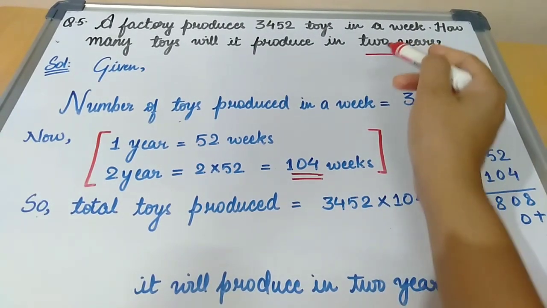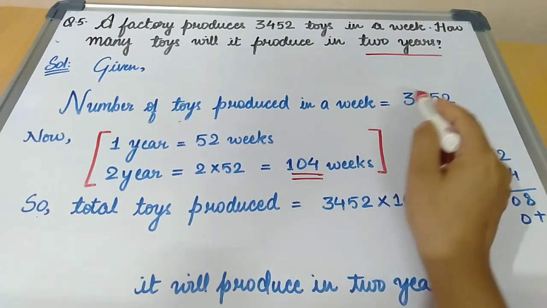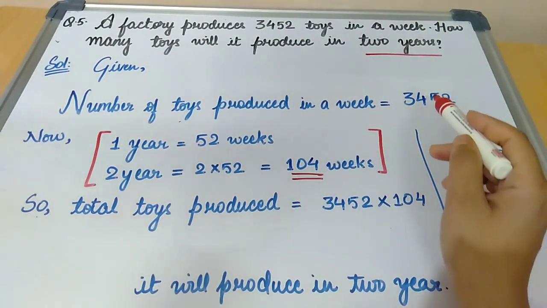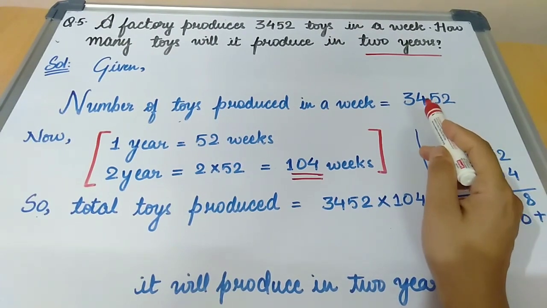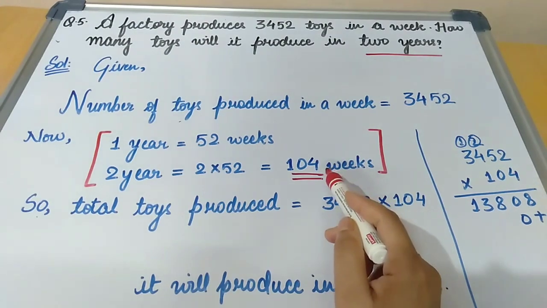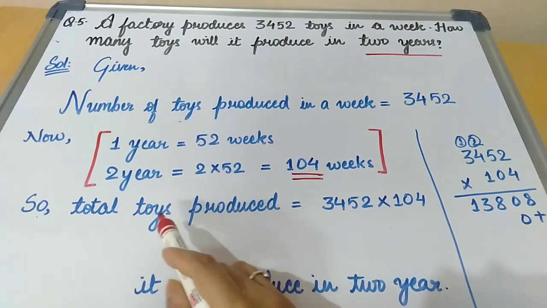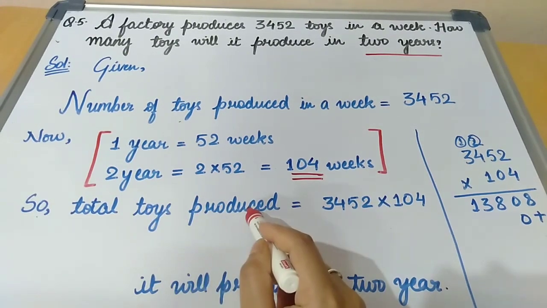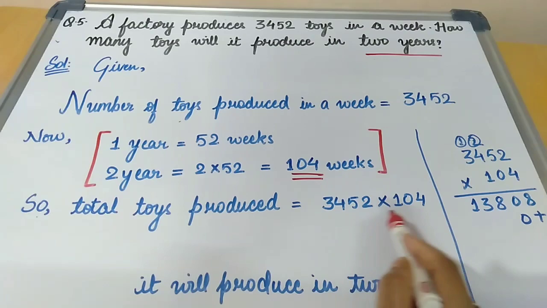Now 2 years will have 104 weeks. Now we can multiply this by the weeks. We have to find the number of toys produced. This is given in 1 week, and these are the total weeks that we have in 2 years. So we will multiply. So total toys produced in 2 years, you can write it over here, and you will multiply.